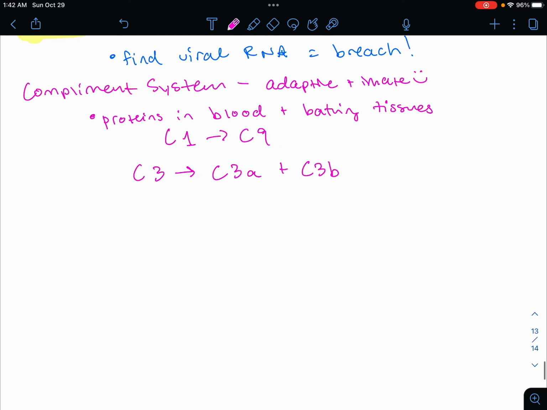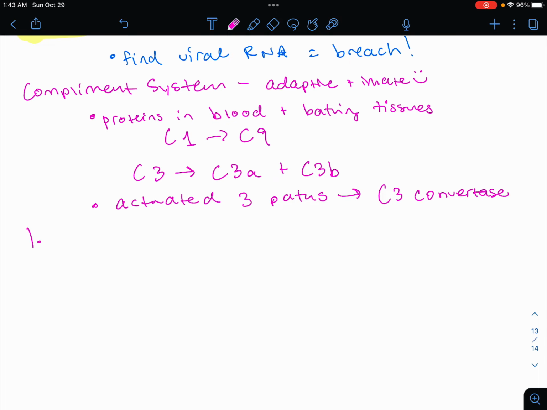They're going to be activated by 3 paths. And then all these 3 paths will lead to C3 convertase, and then C3 splitting. Alright, so let's talk about those 3 pathways.